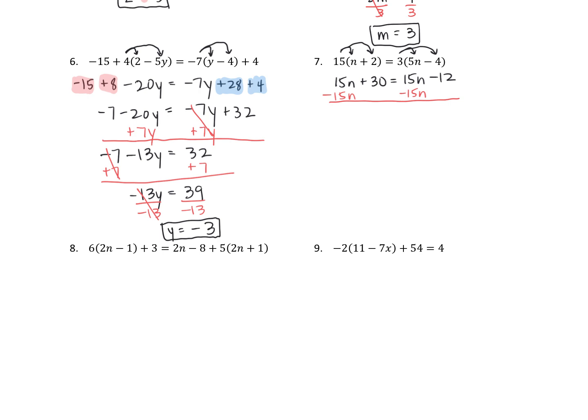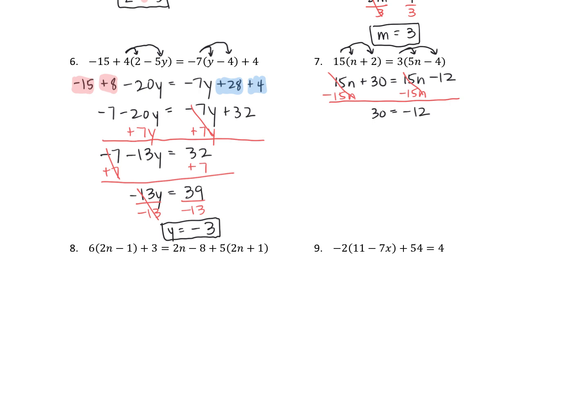And notice what happens. They cancel here, which is what I wanted, but they also cancel on the other side. They zero out on both sides. I have no n left anywhere. So on the left side, I have 30 equals. On the right side, I have negative 12.